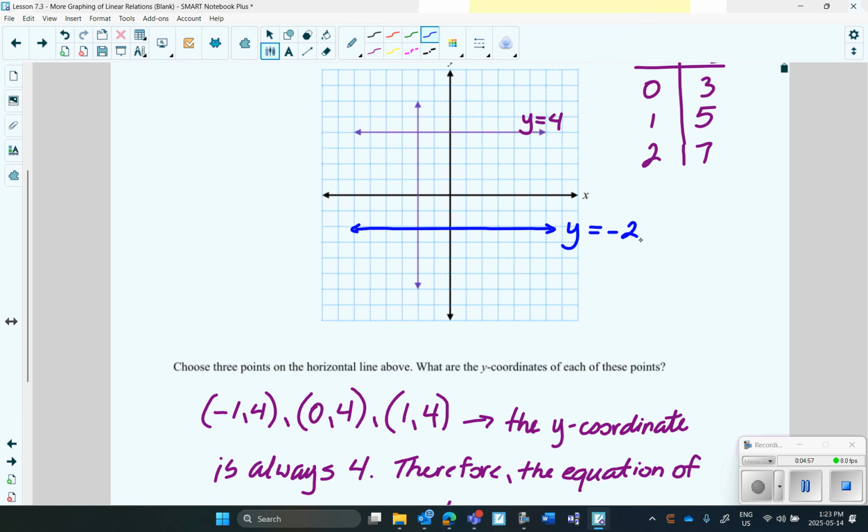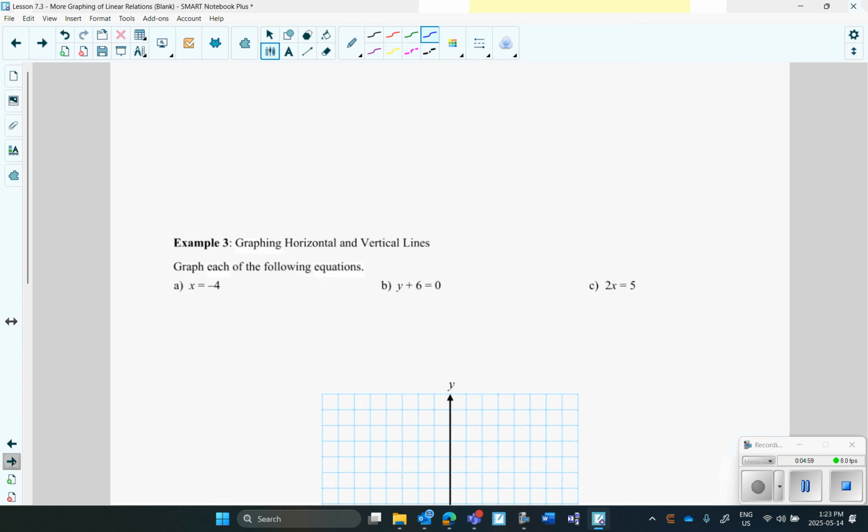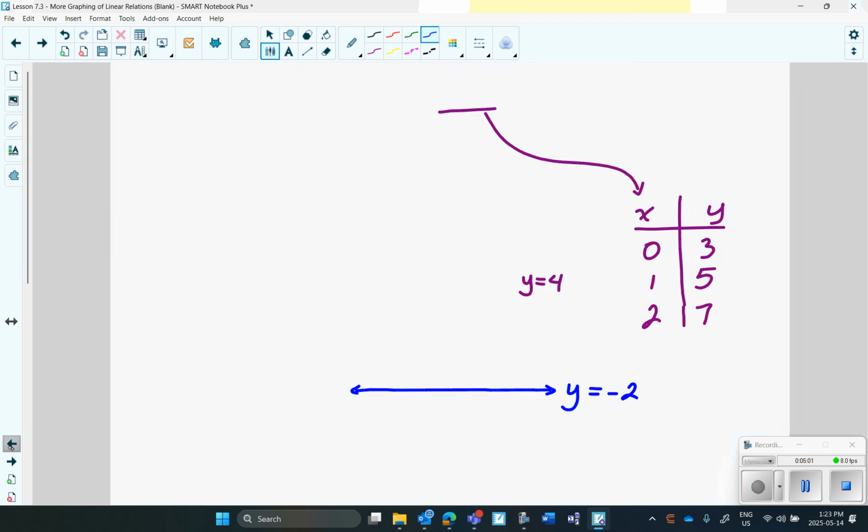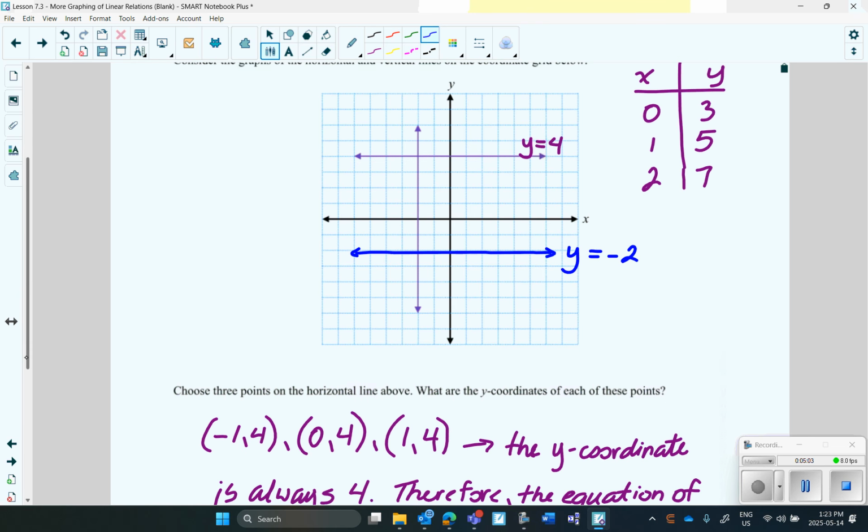If we look at the vertical line, give me a point on the vertical line. -2, 1. Sure. Give me another one. -4. -4 is way out here.